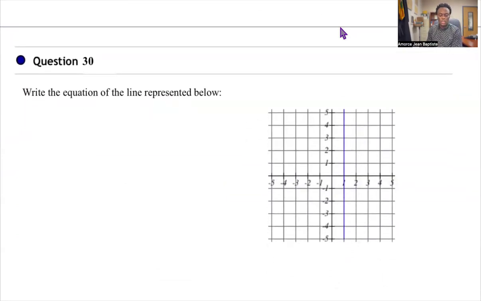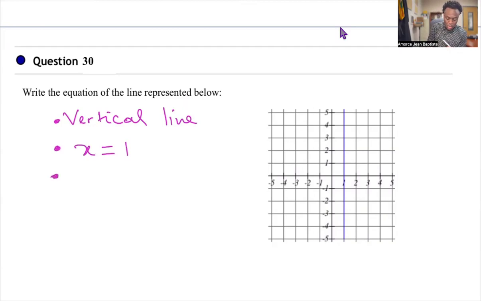This one, they give me another situation where the line is vertical. So basically, it's going to be a line that's clearly vertical, a vertical line that intersects only the x-axis. So the equation will be x equals 1 because it passes through 1.